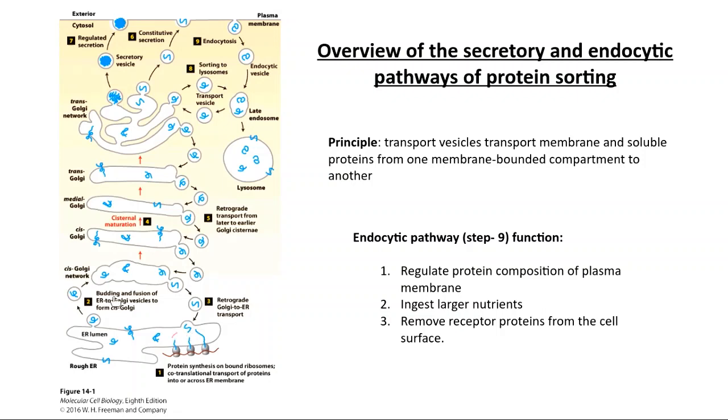Only then can they go forward. Okay, so basically it's like a multi-step training process. Let's say there are 4 stages of training, A, B, C, D, and you couldn't pass training level A, you cannot go to training level B, because you won't be successful. So if someone fails at training level B, that person has to repeat training level A, just like that. So the proteins basically backtrack, through retrograde transport, from the Golgi back to the ER.